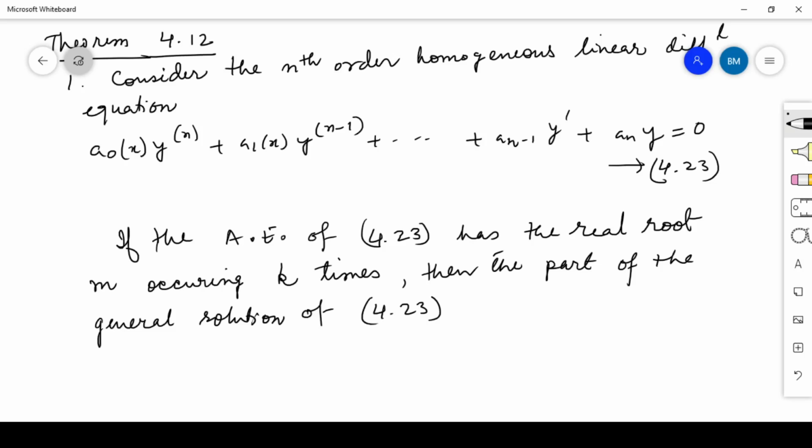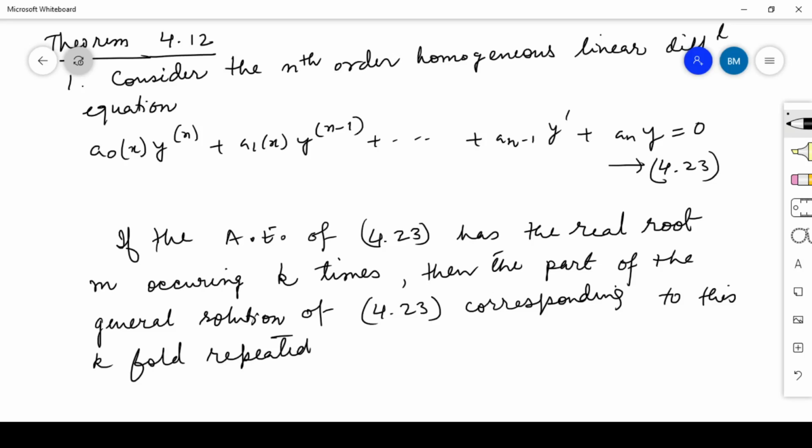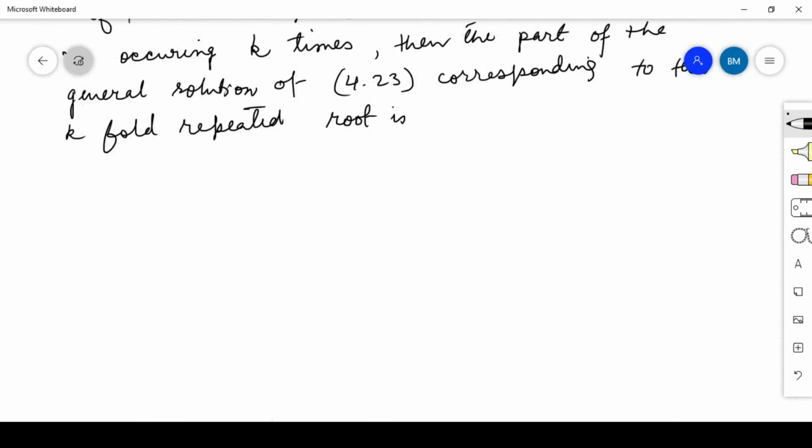We know. Let me write it if required. Corresponding to this k-fold, k times repeated root is c1 plus c2 x plus c3 x square up to ck x to the power k minus 1, multiplied by e to the power mx.